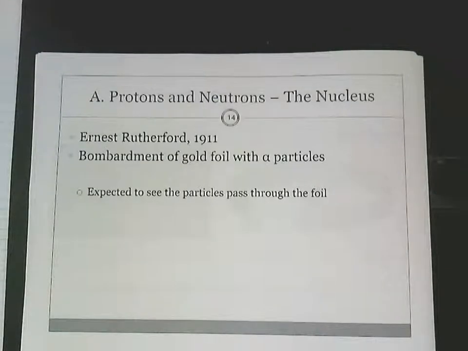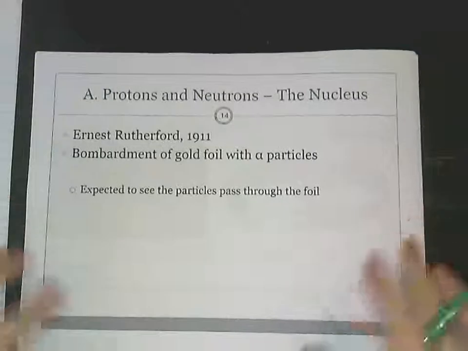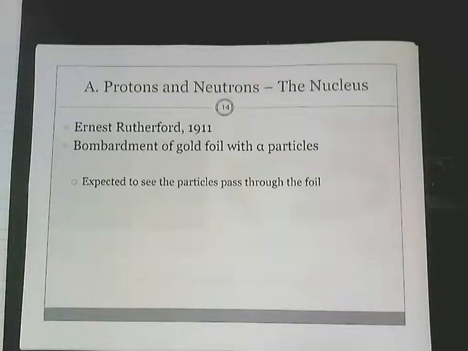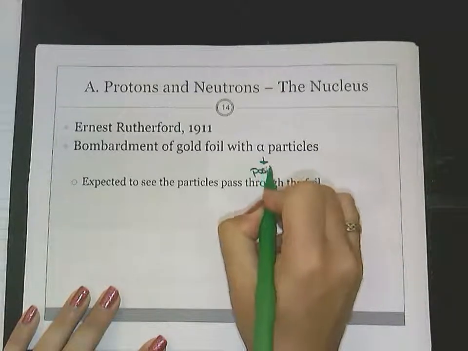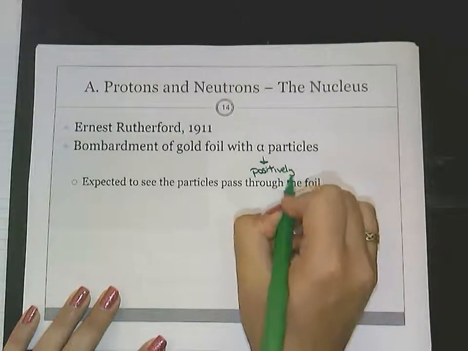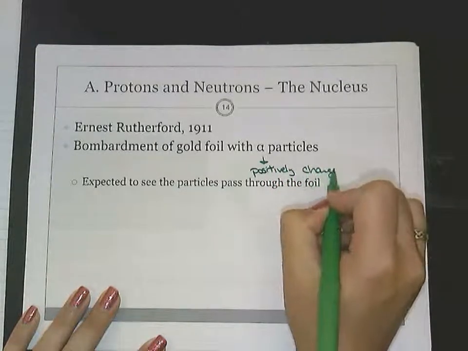So what Rutherford did is he took this piece of gold foil and he used alpha particles, where alpha particles are positively charged particles.